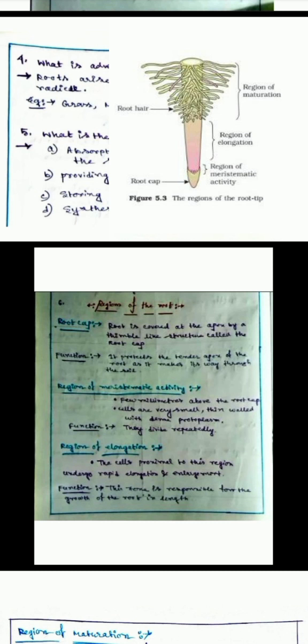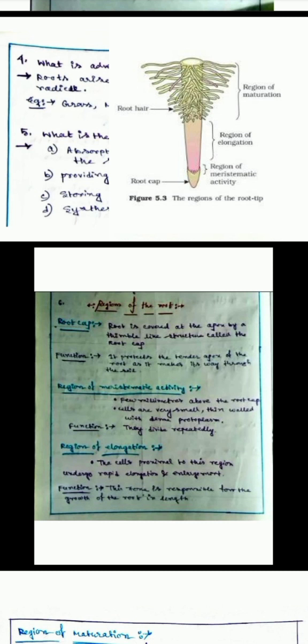Region of meristematic activity. It is a few millimeters above the root cap. Cells are very small, thin walled, with dense protoplasm.